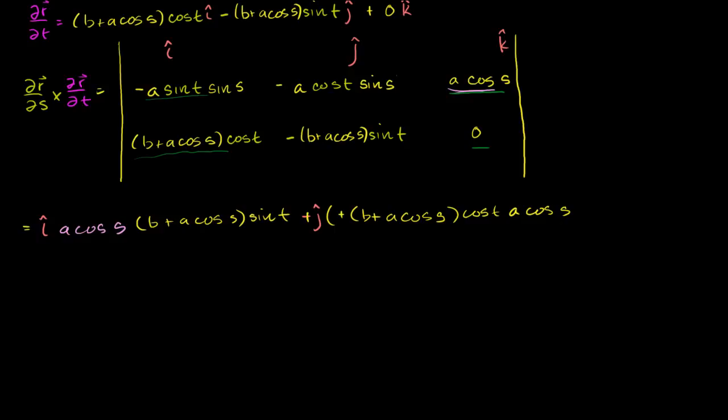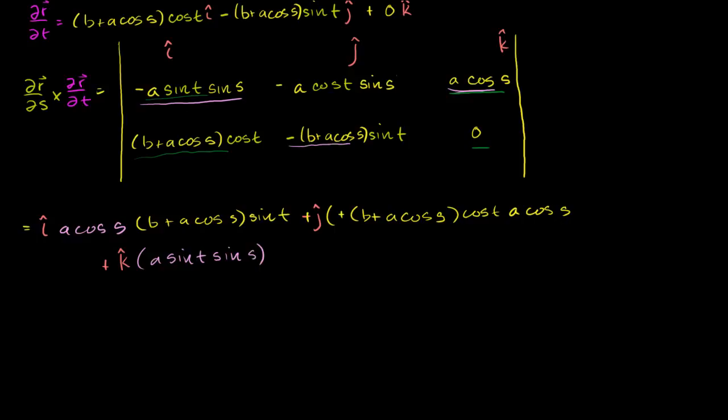So plus k times, cross out that row, that column. It's going to be that times that minus that times that. That looks like a kind of beastly thing, but if we take it step by step, it shouldn't be too bad. So that times that, the negatives are going to cancel out. So this term right here is going to be a sine of t sine of s.